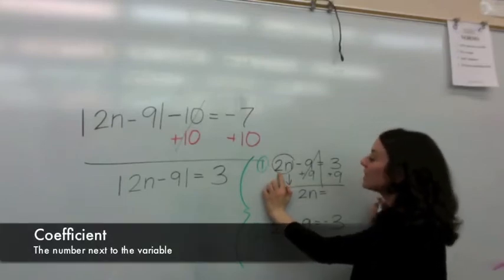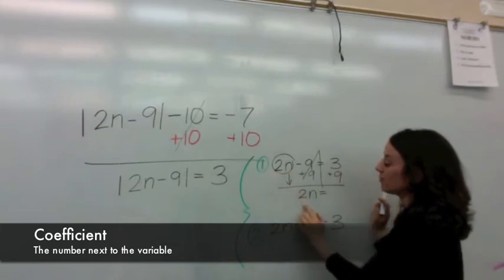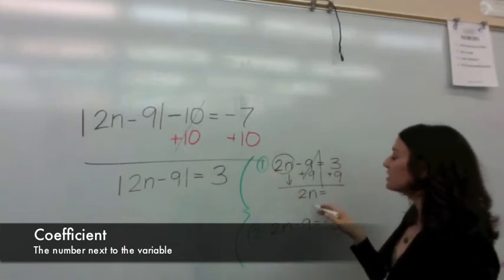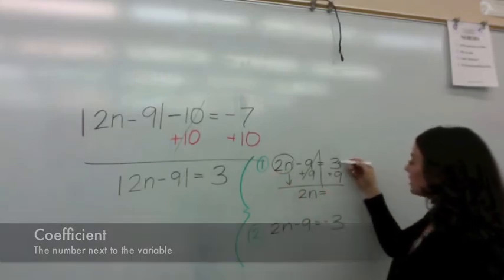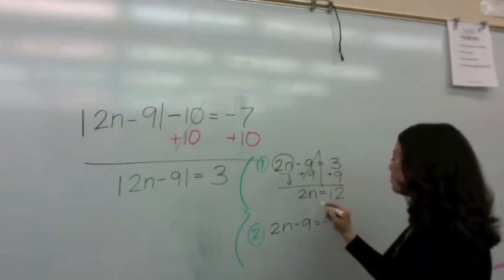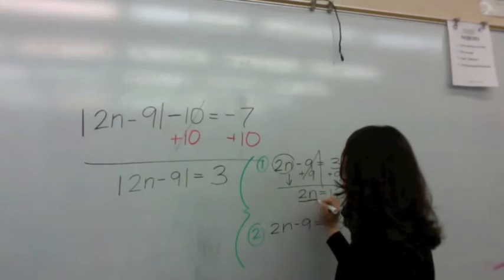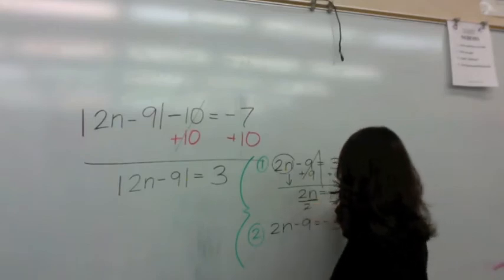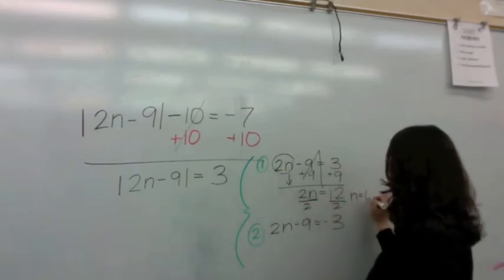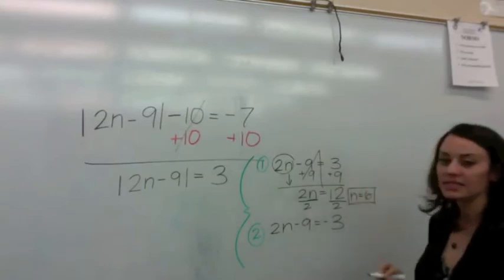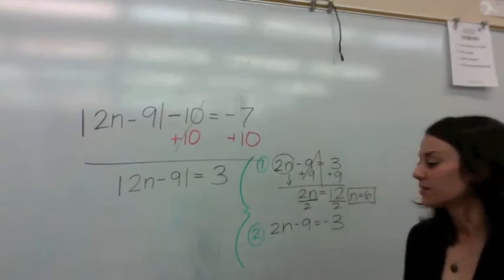Coefficient. Okay, that is the number that is next to the variable or the number. So this is saying 2 times some number is 3 plus 9, which is 12. So 2 times what number is 12? Well, what do you have to divide by? Divide by 2. So n is 6, right? What is n? N is 6.